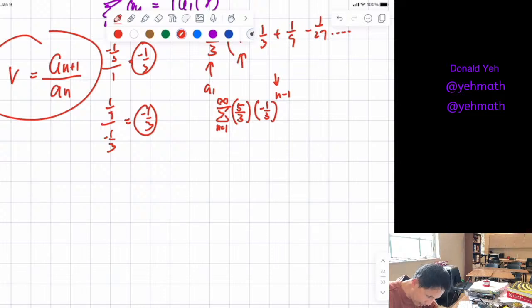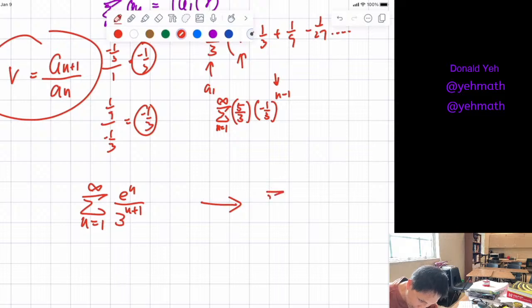Yes. Okay, I'm going to give you a question and you're going to try to do it: the sum from n equal to 1 to infinity of e to the n over 3 to the n plus 1. The idea is you want to somehow convert it to this form. I'll give you a hint: it has n minus 1 up there.